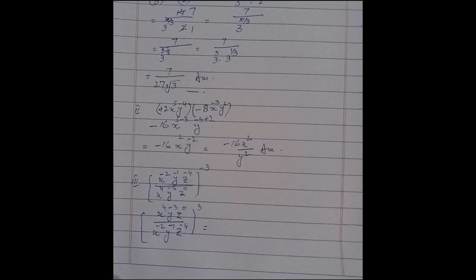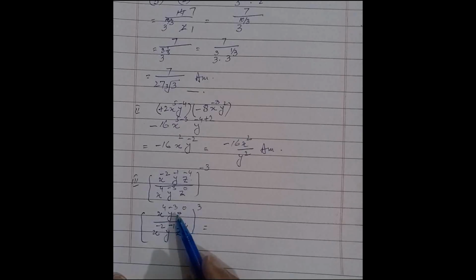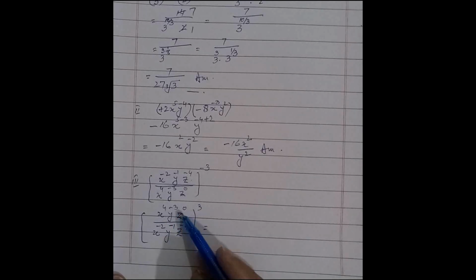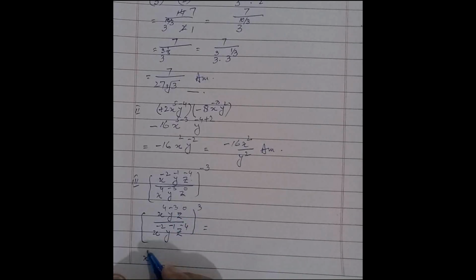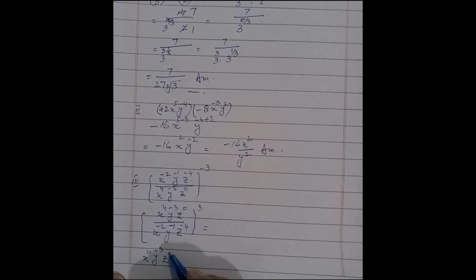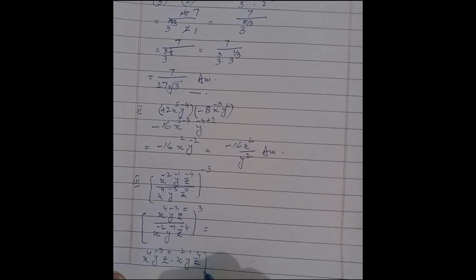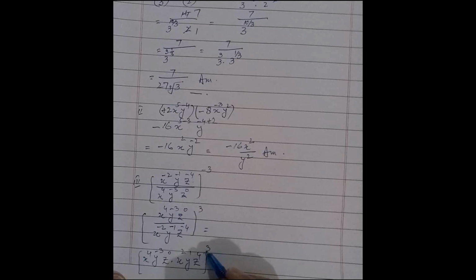Now we shift the denominator into the numerator. We get x power 4, y's power minus 3, z power 0 into x power 2, y power 1, z power 4, whole power 3.